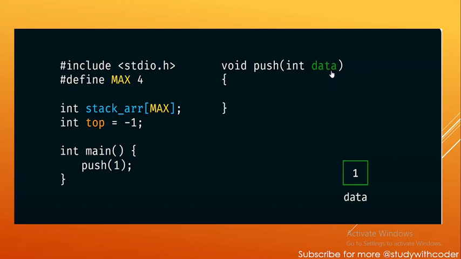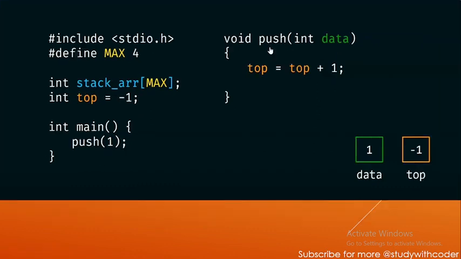So we write void push int data. Here data is 1, and we have to push 1 into the array. So next top is equal to top plus 1. When we insert data in a stack, we have to increment top by 1.